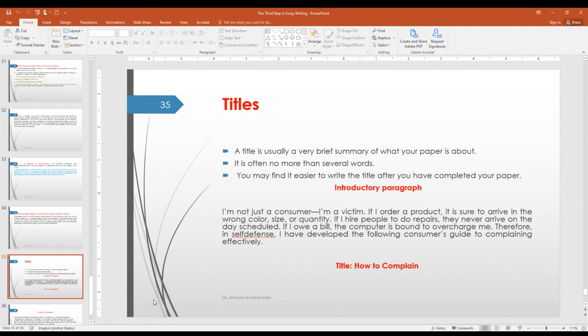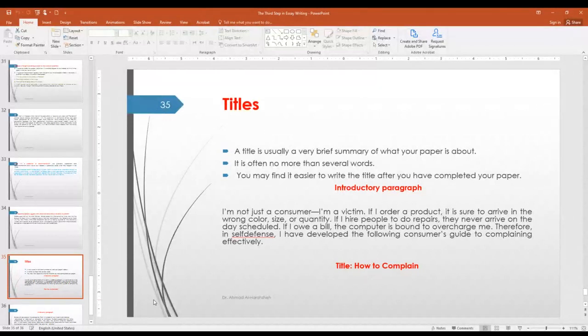Or if we are writing a definition essay, you can say, what is true love? What is true friendship? A title is usually a very brief summary of what your paper is about. It must be informative, and it must be related to your topic.